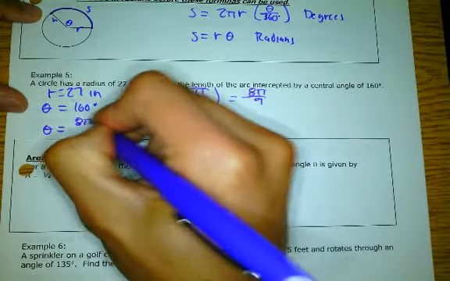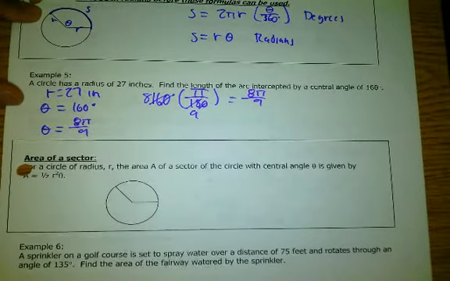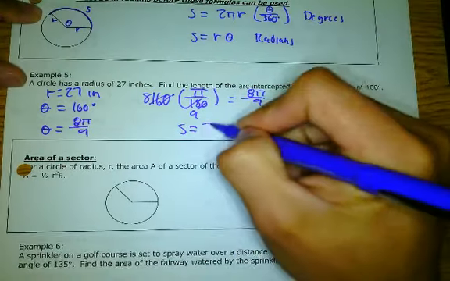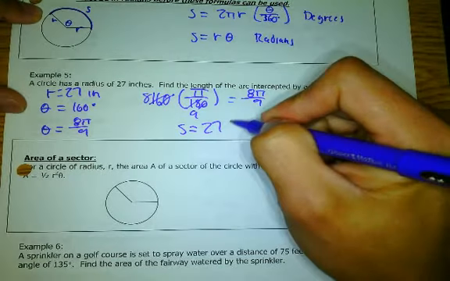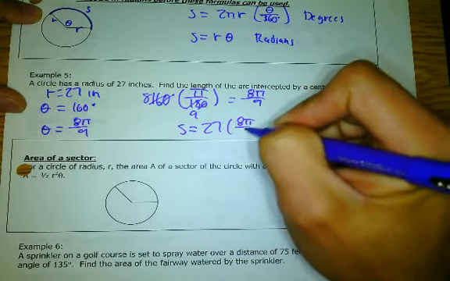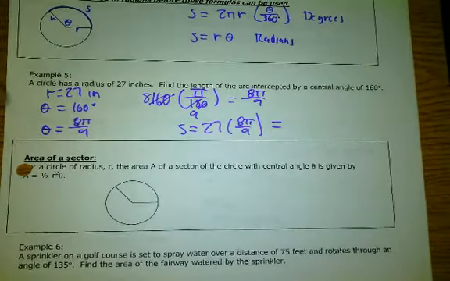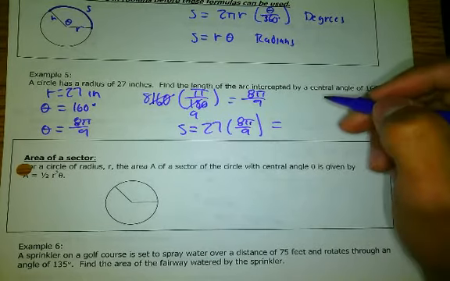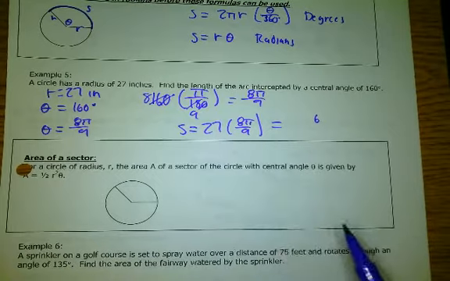So, can you find the arc length? Yes, you can. S equals the radius times your angle, which in this case is 8 pi over 9. 27 times 8. What's 8 times 7? 56, and I got 5. 8 times 2 plus 5.